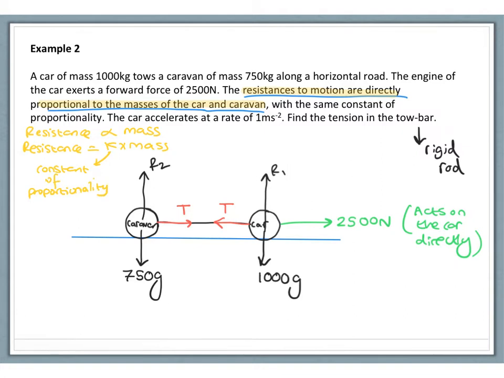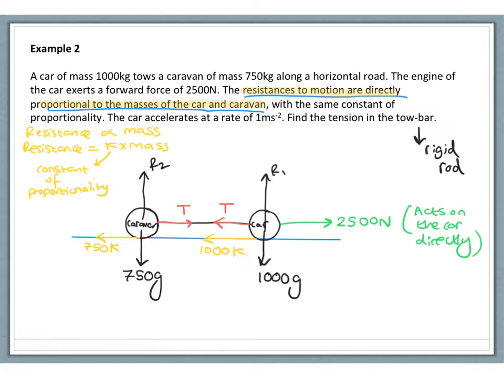So the car will experience a resistance of 1,000 K, and the caravan will experience a resistance of 750 K. It's mass multiplied by K.